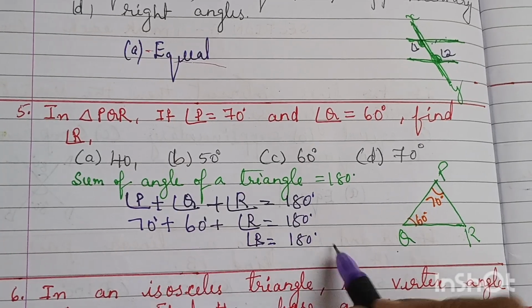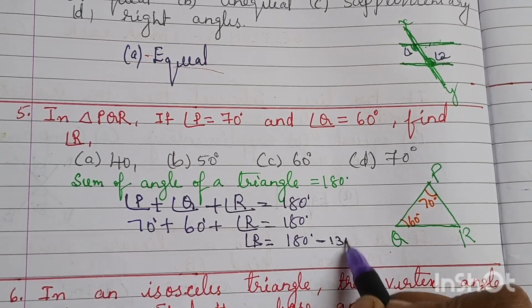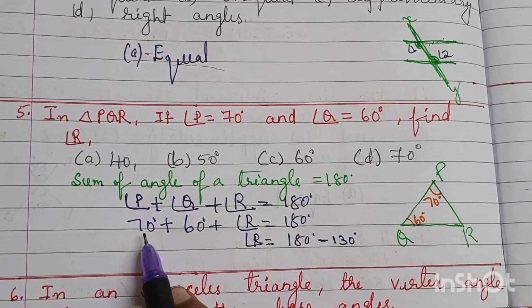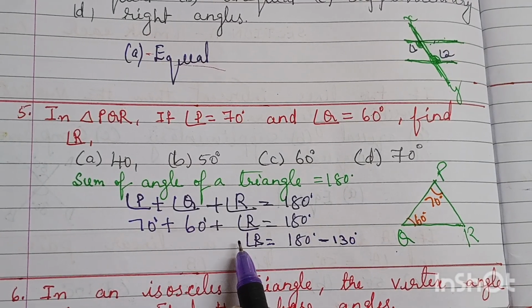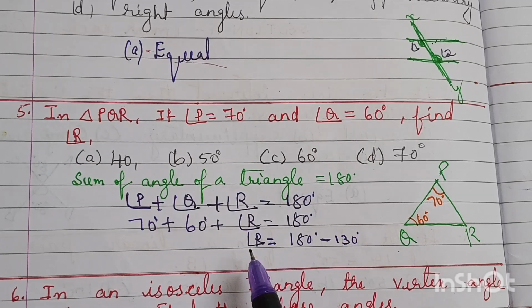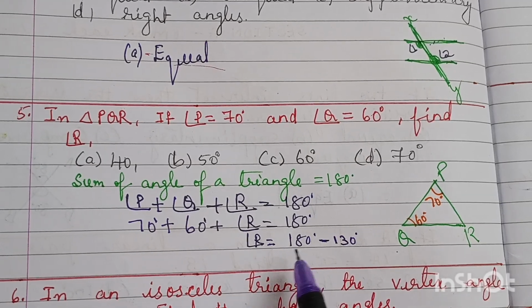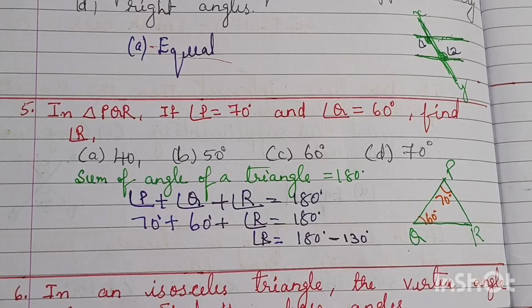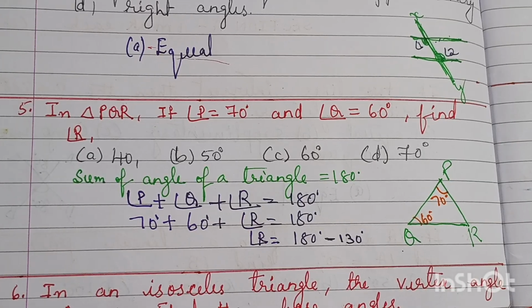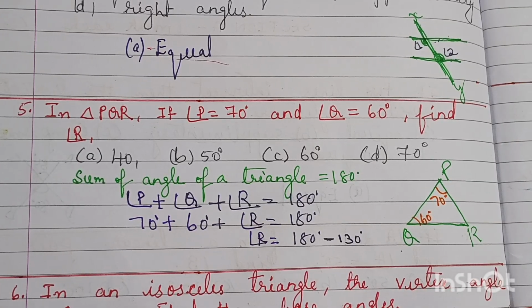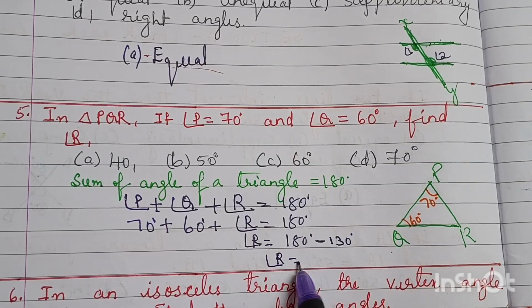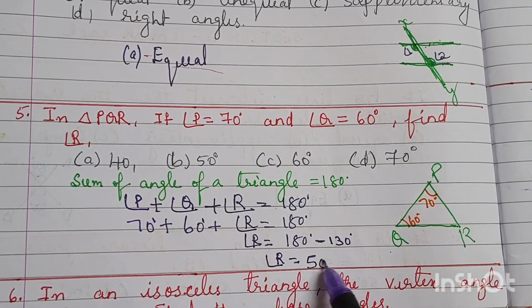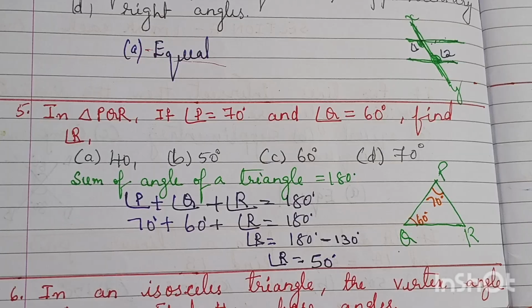We can also do it in one step: 70 plus 60 is 130, plus R is equal to 180 degree. So R is equal to 180 minus 130, which is 50 degree. Angle R is equal to 50 degree.